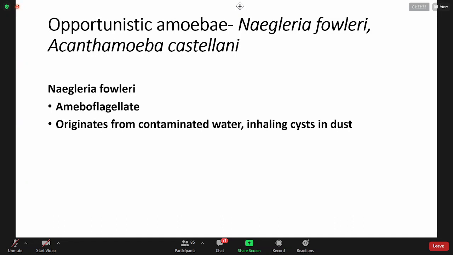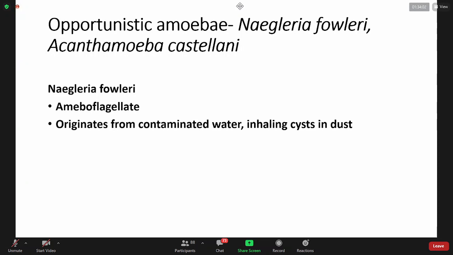If we start with Naegleria fowleri, it has the amoeboid form, which moves by pseudopodia, but it also has a form that has flagella. And this Naegleria fowleri originates from contaminated water sources.